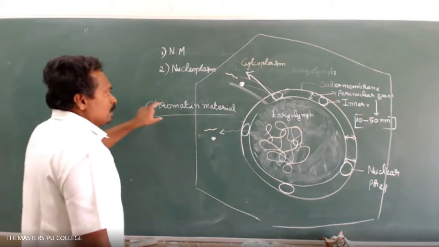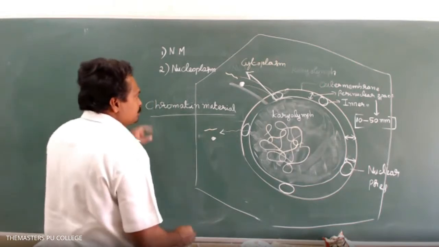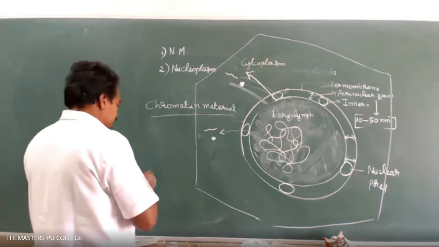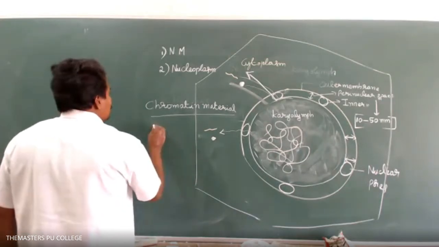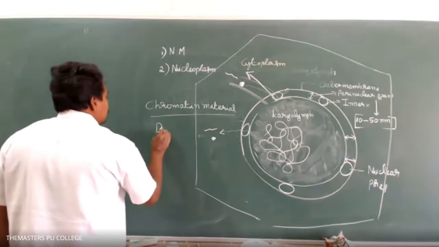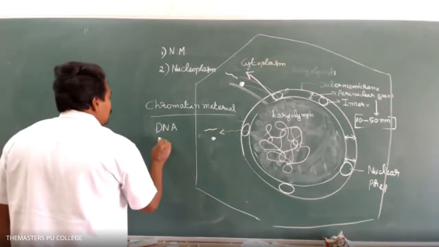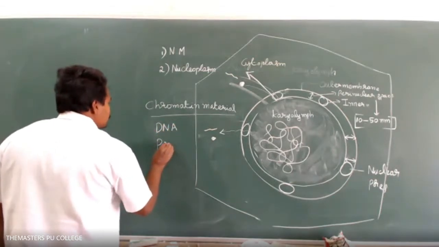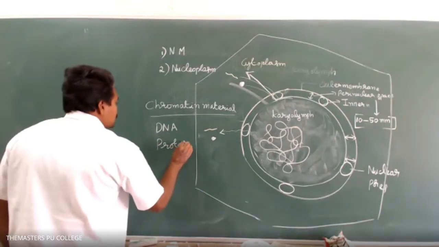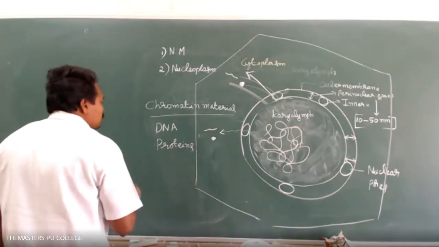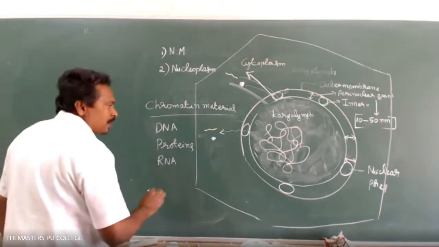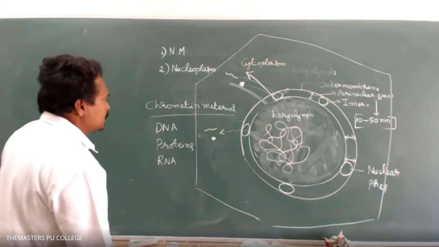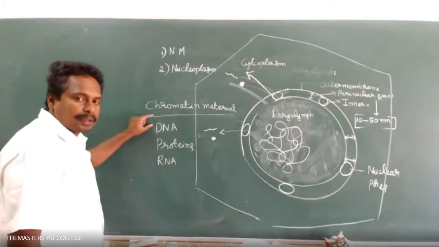The chromatin material consists of DNA, proteins, and RNA molecules. This is important from the objective point of view, so please write it down and highlight it.